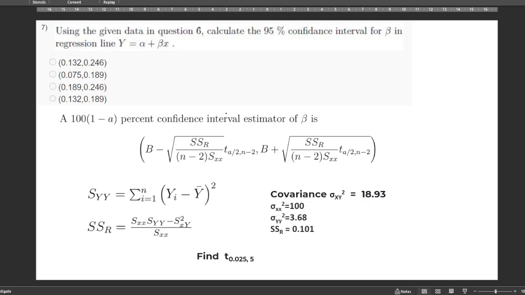The confidence interval for the estimator of beta is given by b plus or minus the square root of the sum of the squared residuals divided by n minus 2, into the variance of the independent variable.